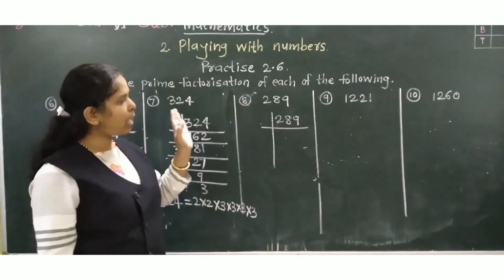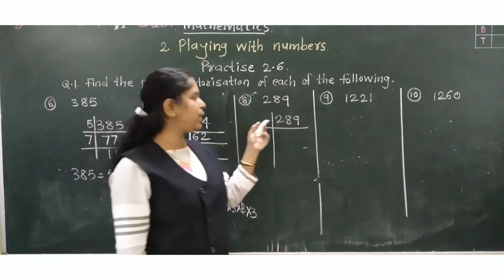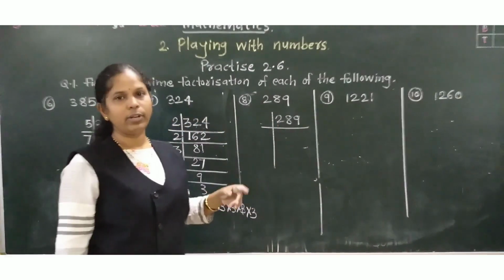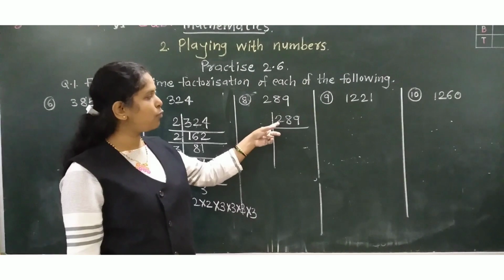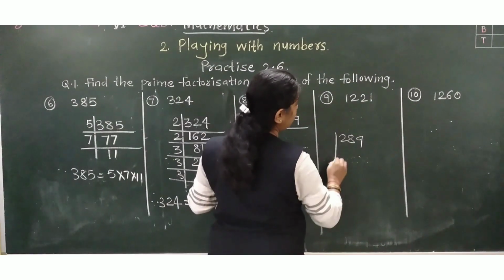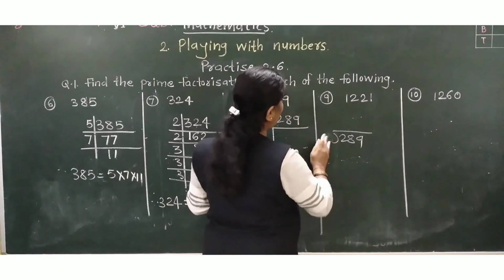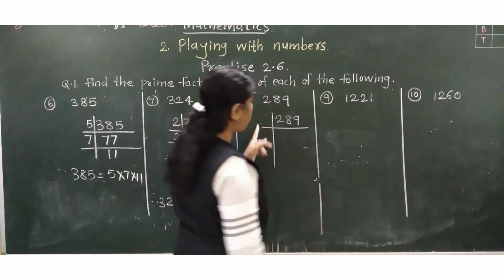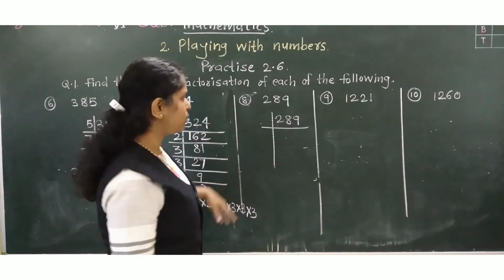No. By 4? No. 5? Not at all. By 6? Can we divide it by 6? See here, 6 4s are. You can do it actually. You don't have to depend on me. But 6 we don't have to take. We have to take only prime factors.